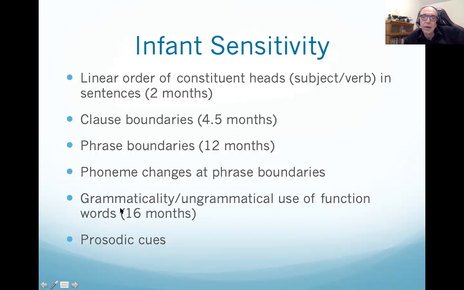So, as I mentioned a little bit ago in the last recording, babies in different languages cry differently, because what they're picking up and what's reflected in the cry is prosodic characteristics of sentences in their language.